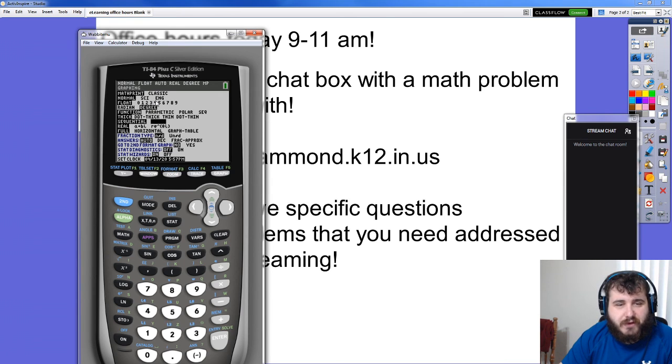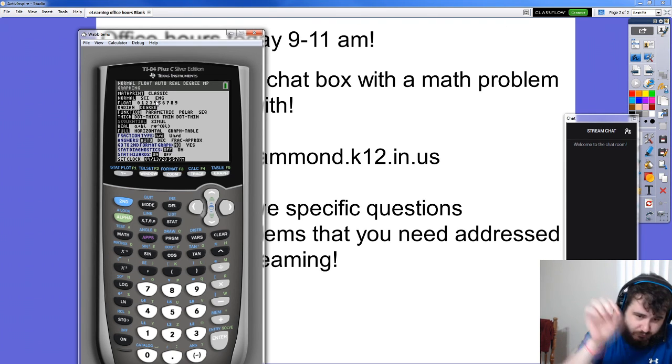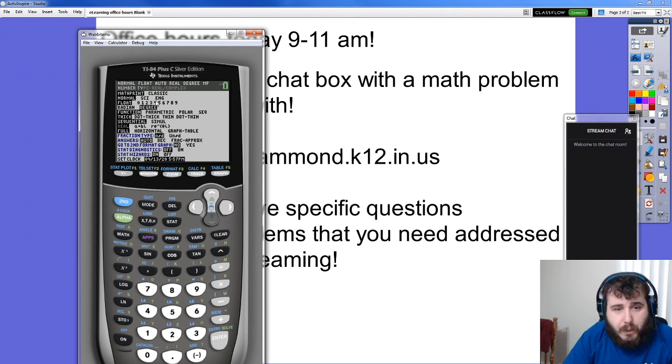Sequential versus simultaneous, how the graph is posted onto the screen. Sequential, you'll actually see it sort of drawing the graph as it goes, whereas simultaneous, it'll calculate all the points and then just put it right down there.